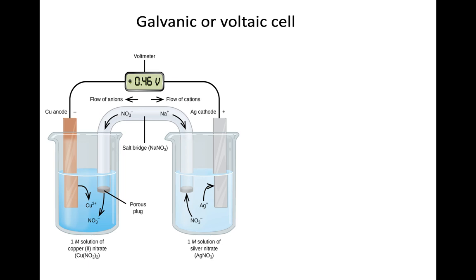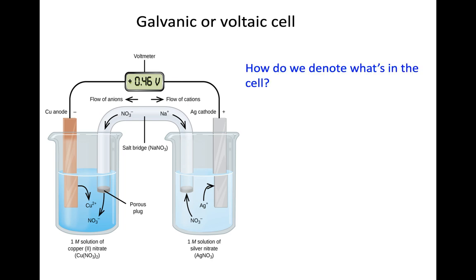Just looking at this picture, I've got a positive reading on the voltmeter, so this must be a spontaneous reaction because I've got a positive cell potential. And so oxidation is happening at the anode. My copper is being oxidized. My silver ions are being reduced to silver. So I can see what's going on, but I have to have this whole picture. And I know what the concentrations are. So it looks like this is probably the standard cell potential since all my concentrations are 1 molar.